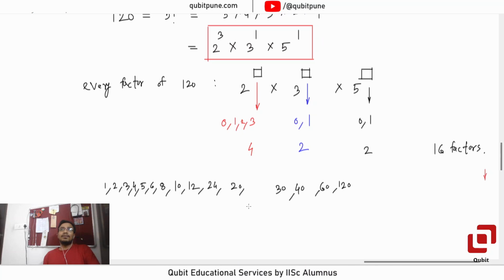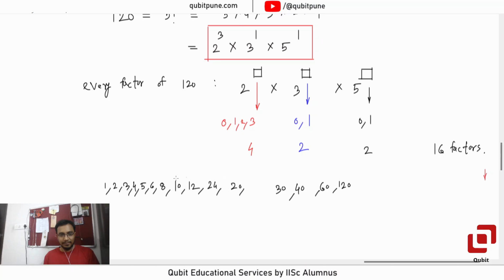Is 120 divisible by 16? No, 16 is not. Okay. 6, 7, 8, 9, 10, 11, 12, 13, 14, 15.